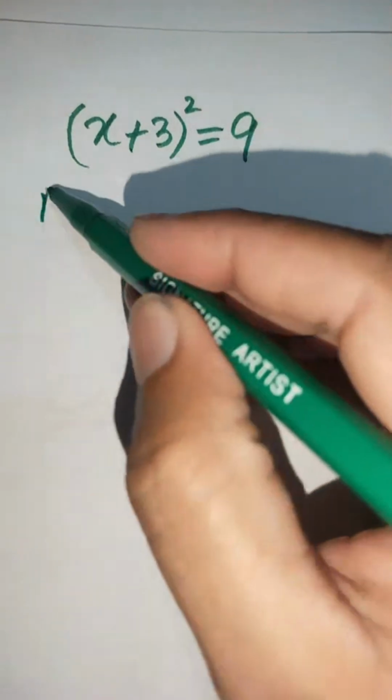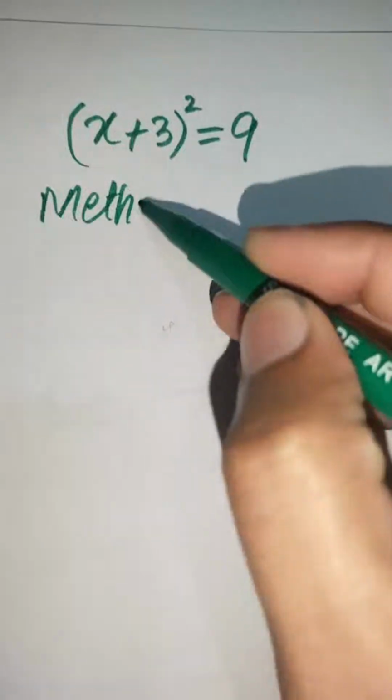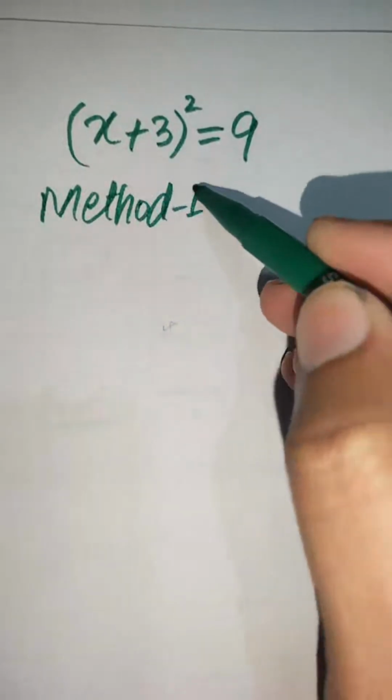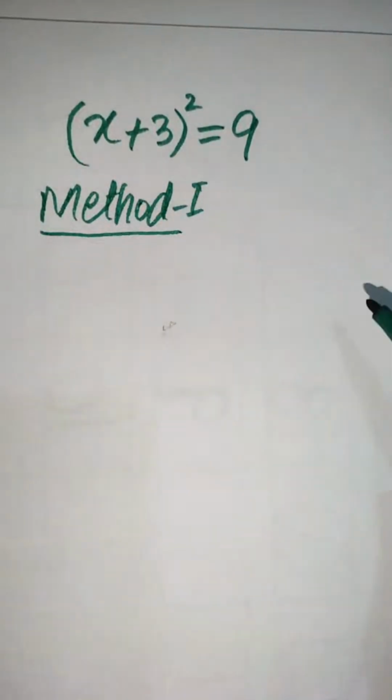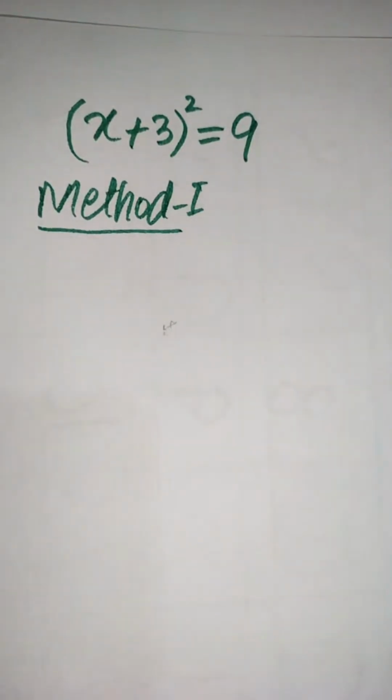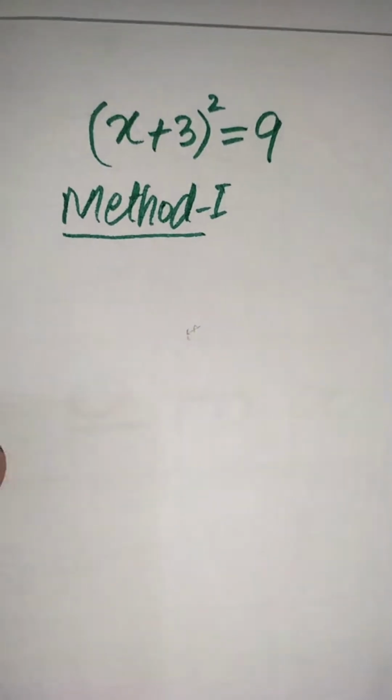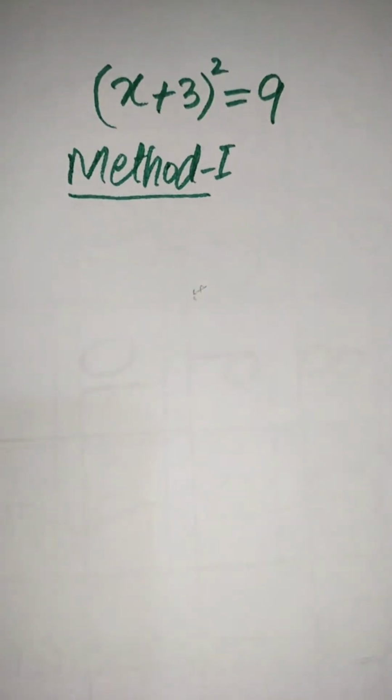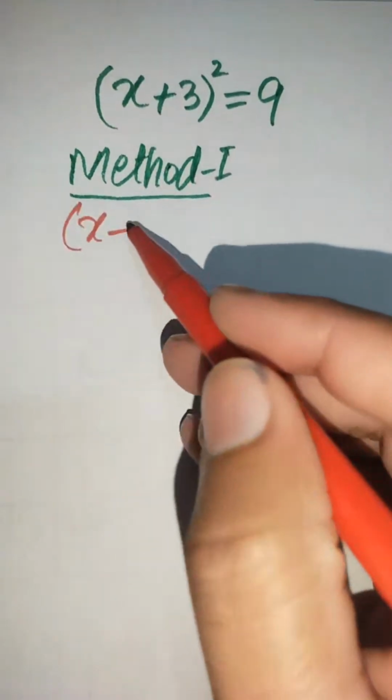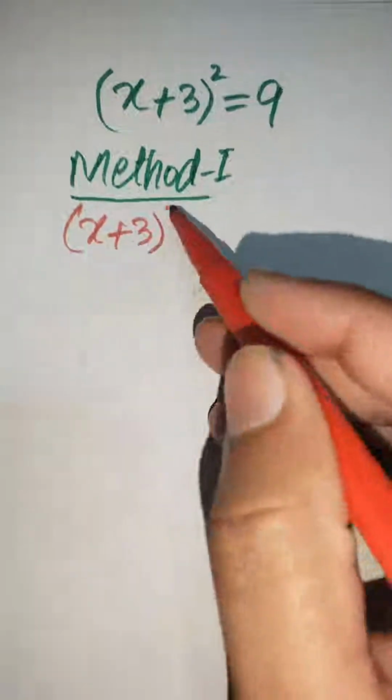We start with our first method, and in the first method we need to move this 9 to the left hand side, or in other words we rewrite this equation in this form. So we have (x + 3)^2.